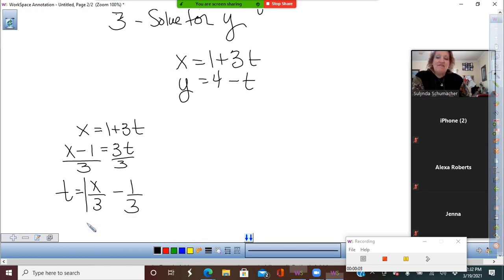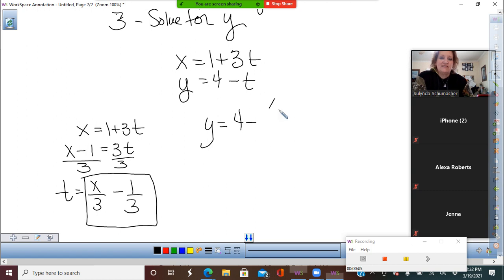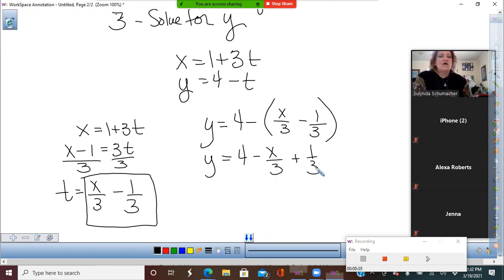Now I'm going to take this and plug it into my other equation where t is. So I have y equals 4 minus (x over 3 minus 1 over 3). So y equals, of course, I have to distribute, and then we're going to collect like terms.